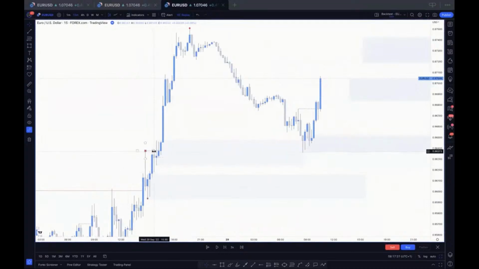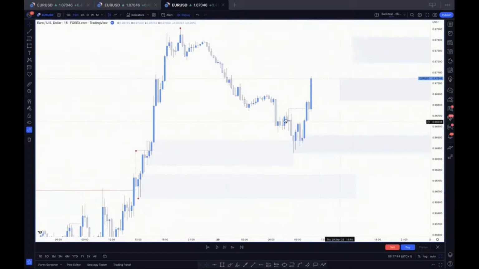You can see the market came in here, made this high, this candle took out the previous high, this candle took out the previous high, but from this candle, there was a little pullback before the upward continuation. So this move here is reacting to this zone here.